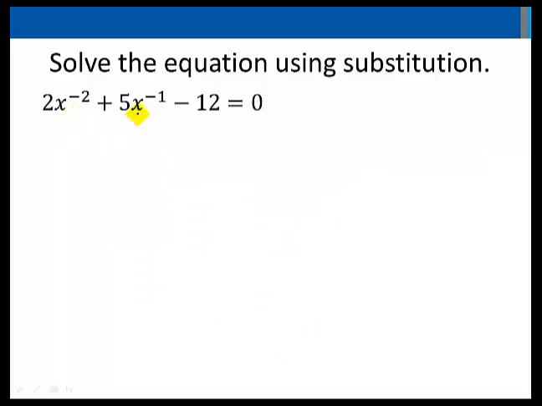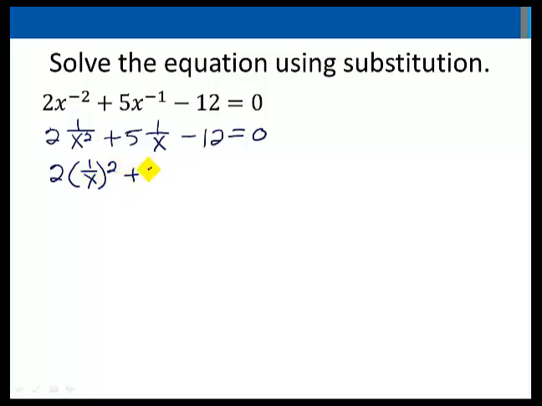2x to the negative 2 plus 5x to the negative 1 minus 12 equals 0. Here let's rewrite a bit, beginning with 2 times 1 over x squared plus 5 times 1 over x minus 12 equals 0. And one step further before we do a u substitution, let's write this as 2 times (1 over x) squared plus 5 times 1 over x minus 12 equals 0.